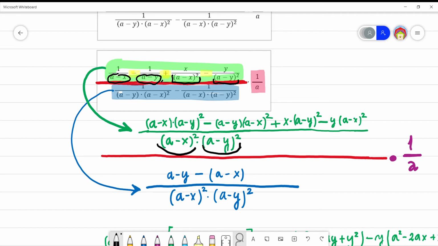Now, let's work the upper part. This one we need to change because we changed already the denominator of the fraction, so we need to put something which is equivalent. So a minus x to get the whole thing is missing. Once a minus x and twice a minus y.